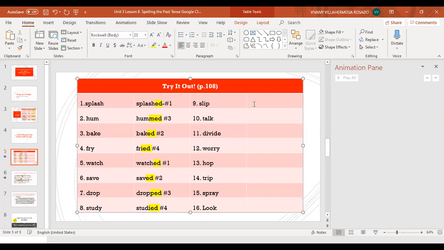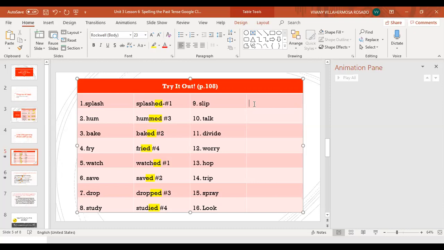So let's continue. Let's look at the word slip. First thing I notice, it's a single vowel. There's only one vowel. But just because it has a single vowel does not mean that I'm going to double the consonant. There are other things that I have to do. So slip, it's a 1-syllable word.